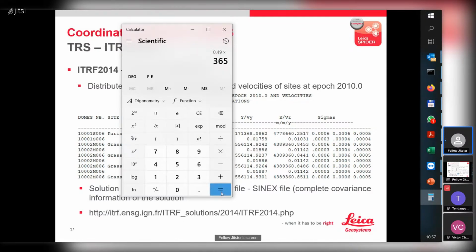This is the number of days during the year, so this represents the 178th day of the year.